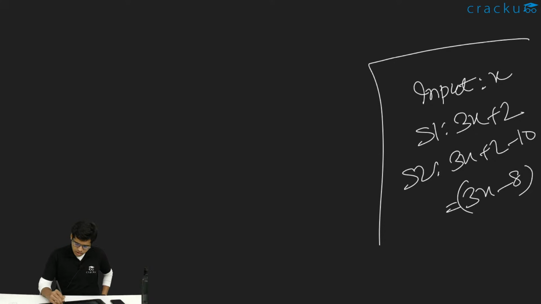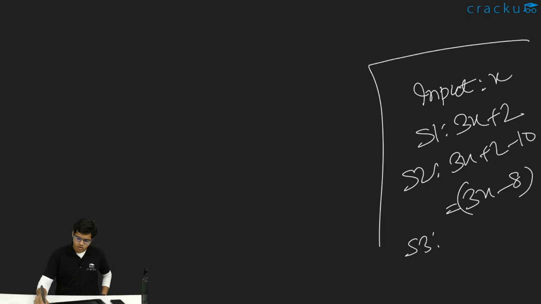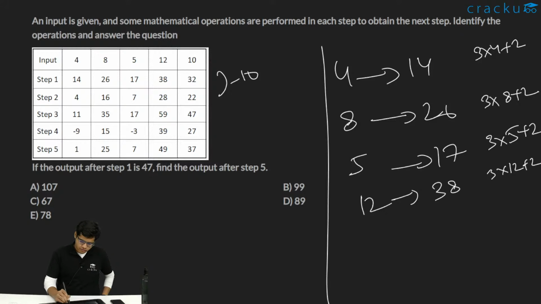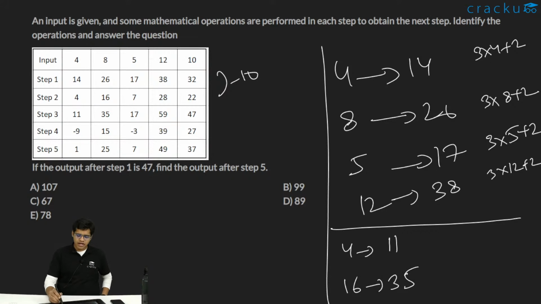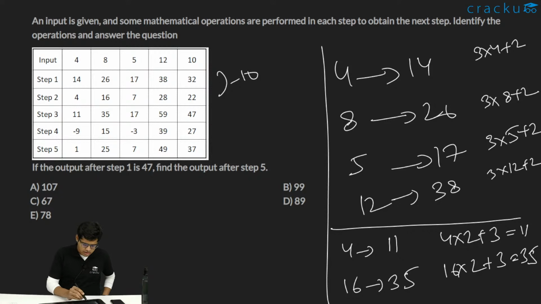Right? Now step 3. Now as I have told, again, 4 is getting converted to 11. 16 is getting converted to 35. 11 I can write as 4 into 2 plus 3. 35 I can write as 16 into 2 plus 3. Then 7 is converted to 17. 17 I can write as 7 into 2 plus 3.